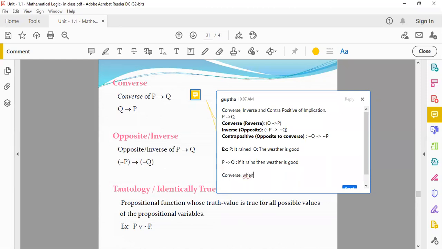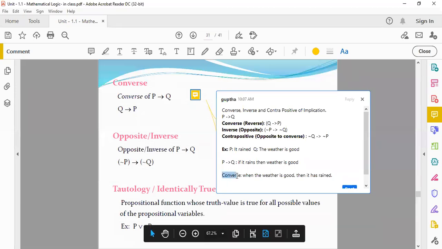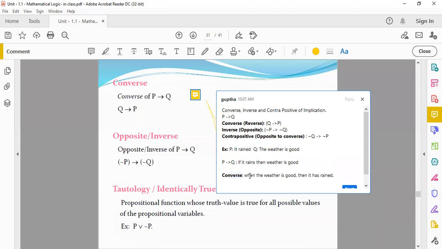So simply we can write here: when the weather is good, then it has rained. As simple as that. See, Q implies P, it is there.